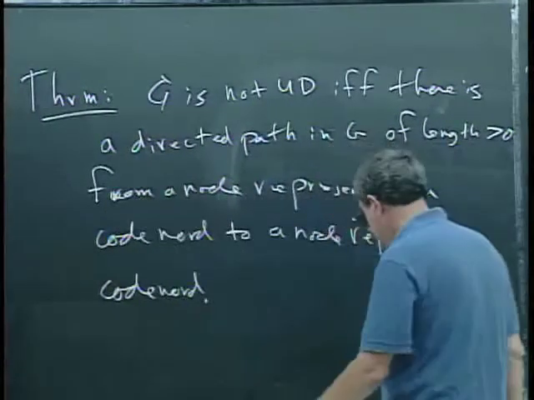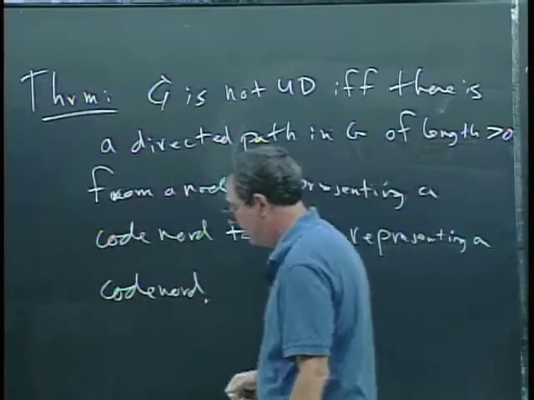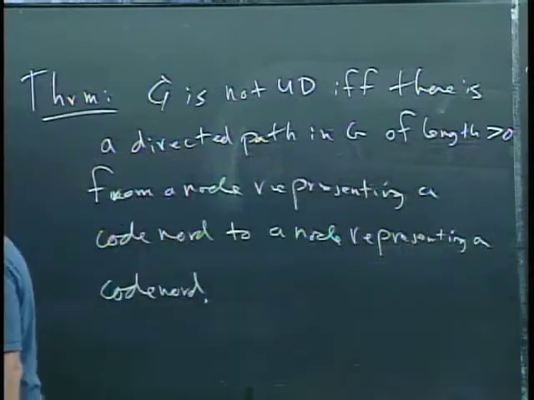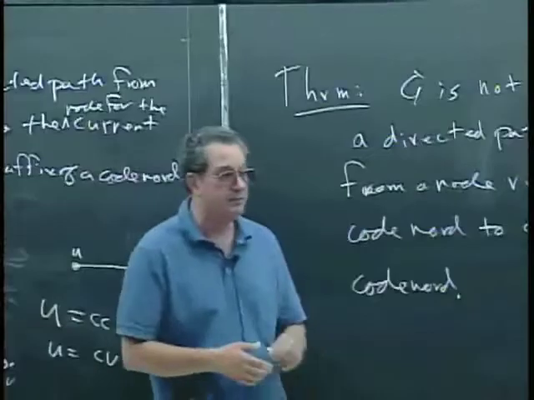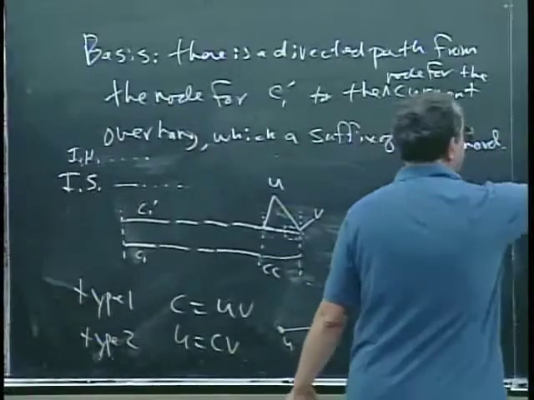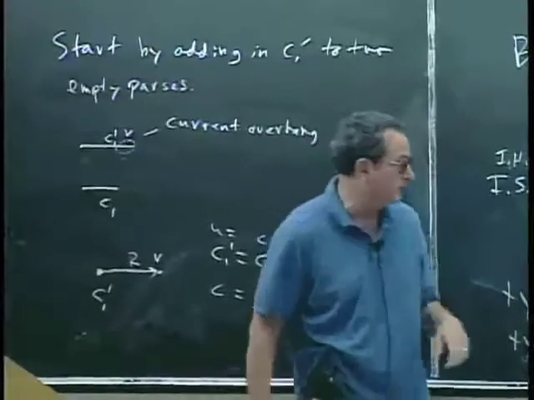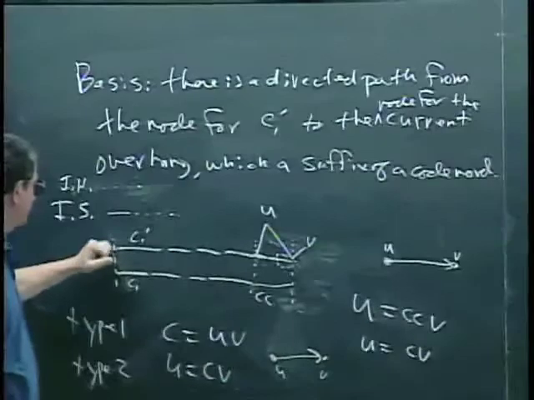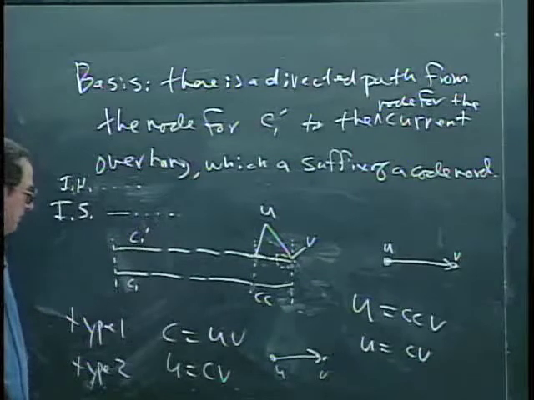Okay? Now, here's an exam-type question that would be appropriate to ask. If the code is not uniquely decipherable, we know this theorem holds, assuming we have already proven that. Is it true that the path from some starting code word to an ending code word always ends with a type 2 edge?